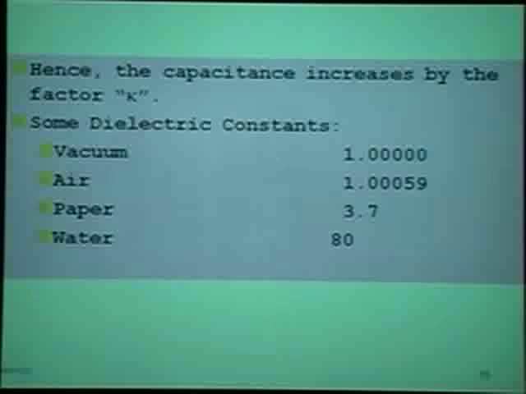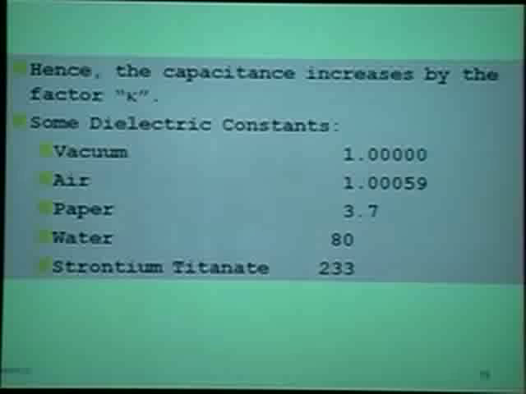But water has a dielectric constant of 80. Strontium titanate is 233. So if I put strontium titanate between the plates, I can increase the capacitance by a factor of 233. And that sounds like a good thing to do.